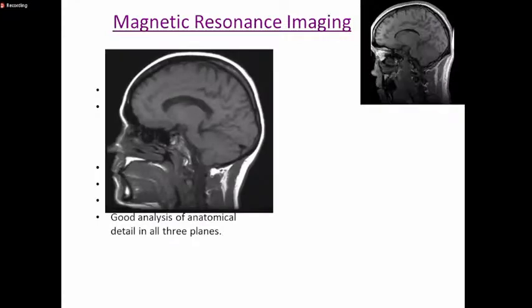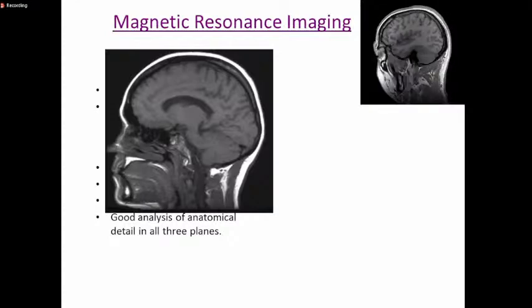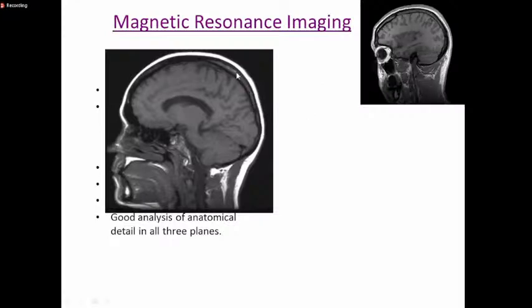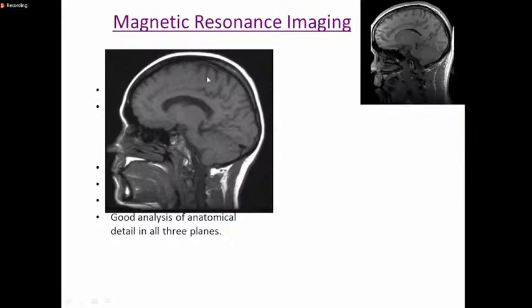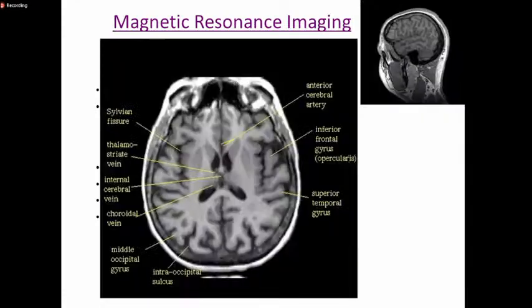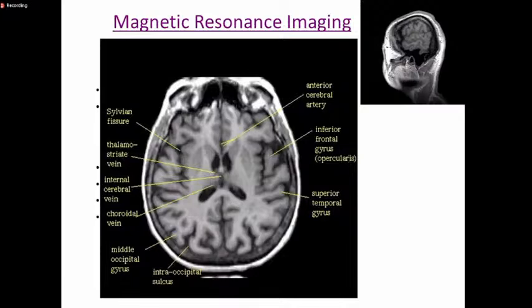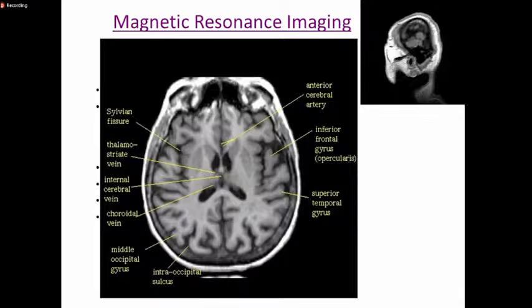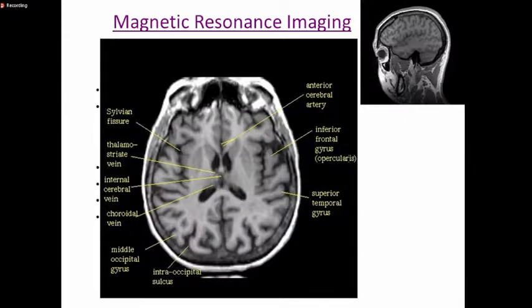I'll show you this image, and this is how it looks like. The bone appears really dark. What you see there is fat within the bone marrow, and that is the brain doing axial, and depending on the strength of your MR, you can see how well you can depict the anatomy of the brain.